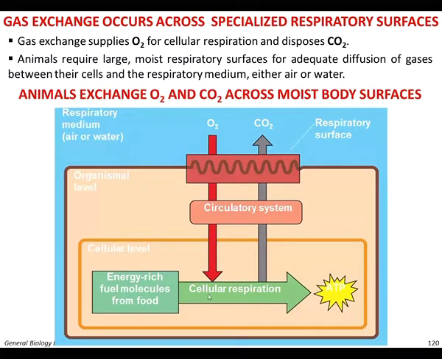This process of cellular respiration gives rise to carbon dioxide that has to move back via the circulatory system and outside to the respiratory medium, either water or air, via the same respiratory membrane. So generally, animals exchange oxygen and carbon dioxide across a moist body surface.